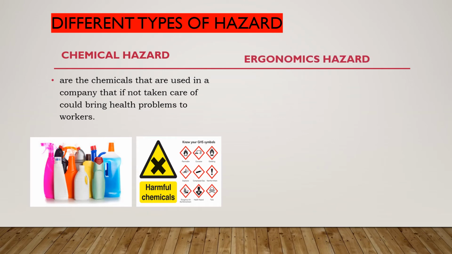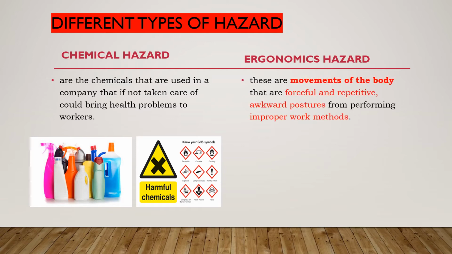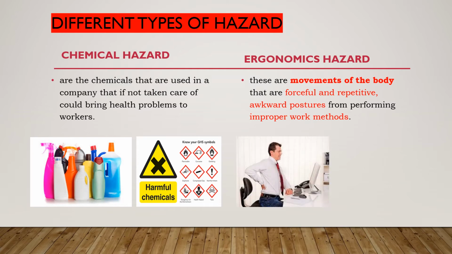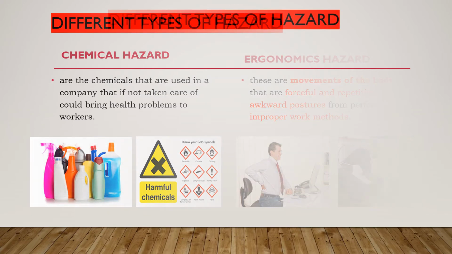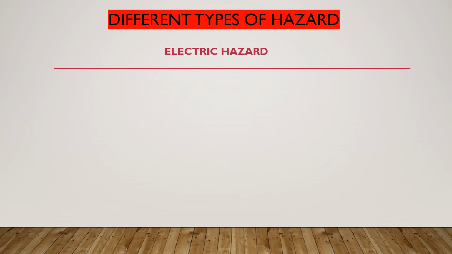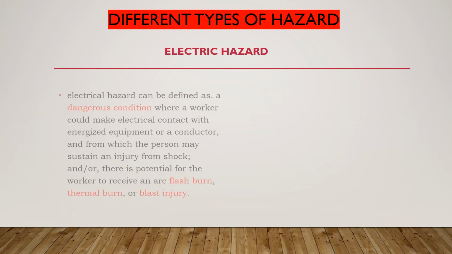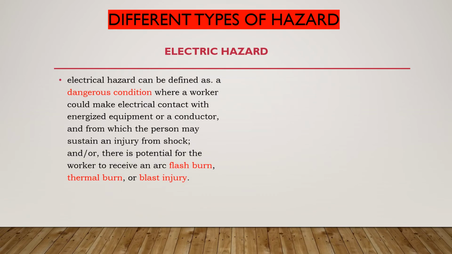Okay, so the next hazard is ergonomic hazard. These are movements of the body that are forceful and repetitive, and awkward postures from performing improper work methods. And the last one is the electrical hazard.